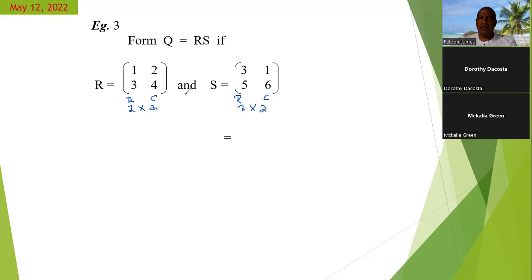In order to multiply 2 matrices, you have to check and ensure that the number of columns in the first matrix, the matrix on the left, is equal to the number of rows in the second matrix.